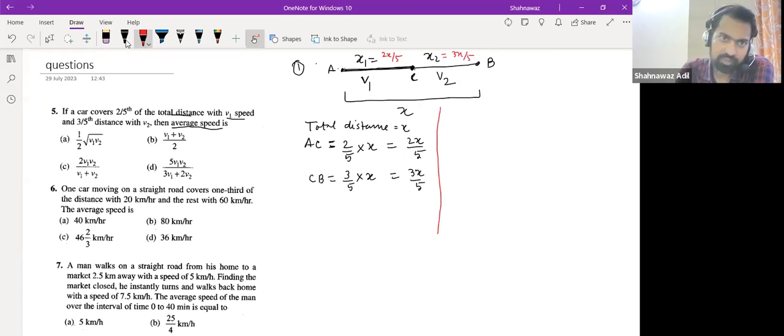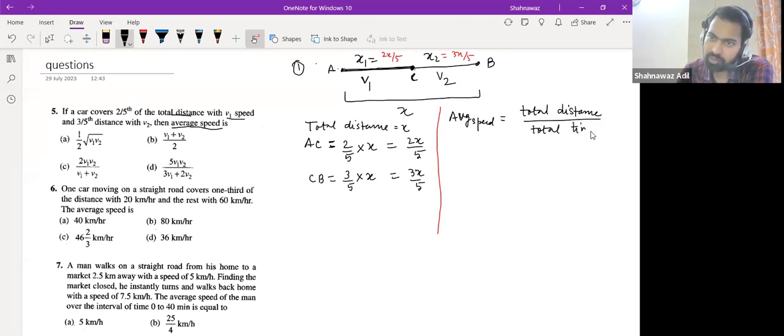Clear? Yes, sir. So the average speed would be how much? This would be total distance divided by total time.